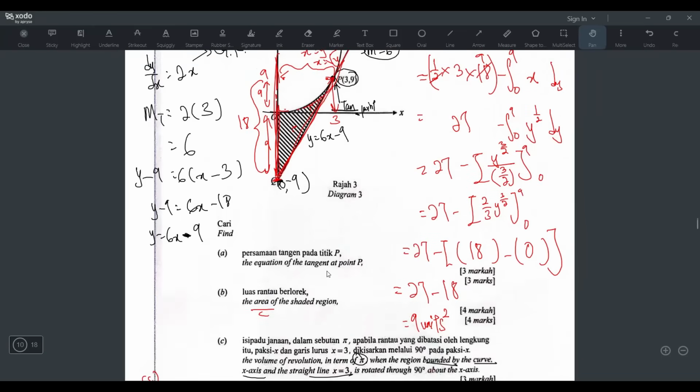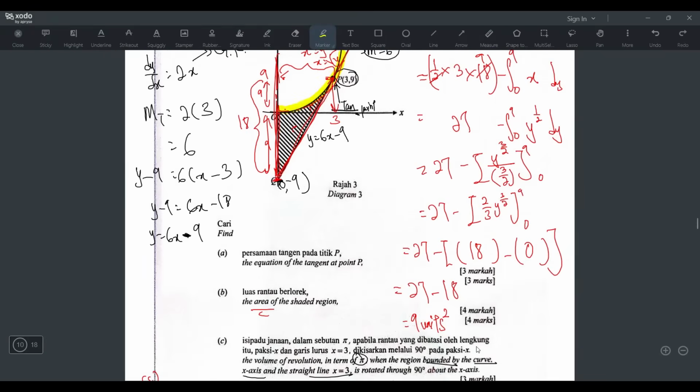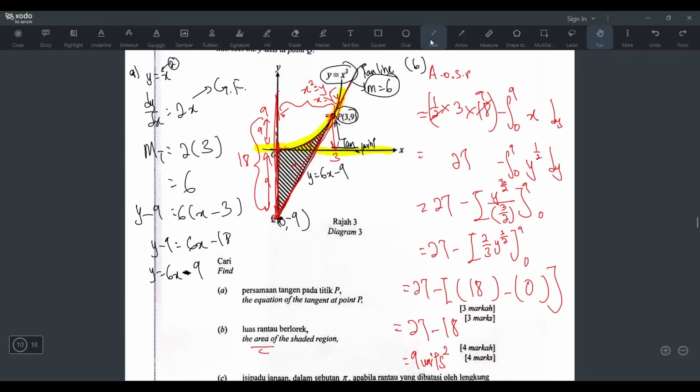So let's read. Region bounded by curve. Okay, let me use a highlight. The curve is this one, right? And then the x-axis, which is this line right here. So what else? Region bounded by the curve, the x-axis, and the straight line x equals 3. Okay, x equals 3 would be a vertical line, and it will cut the x-axis at 3. So it will be this line right here.